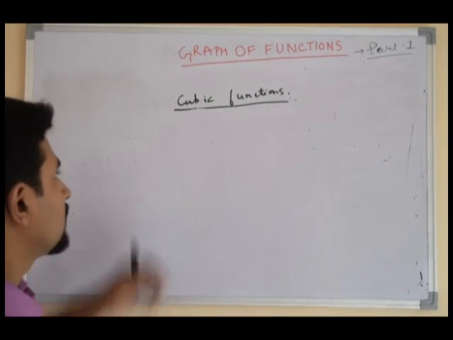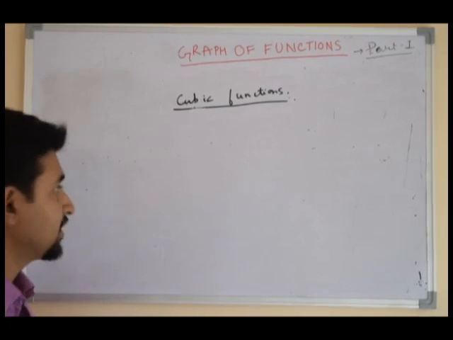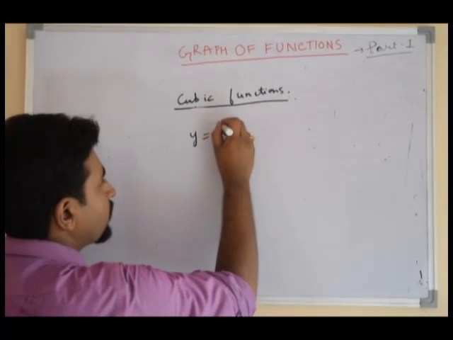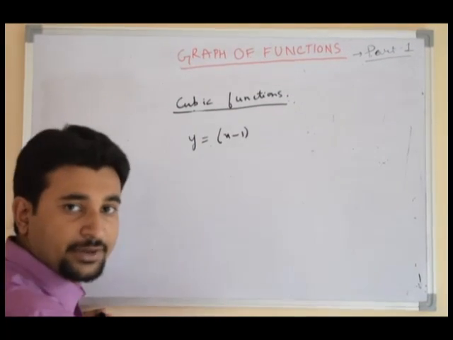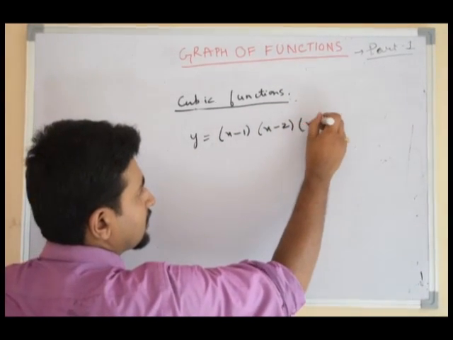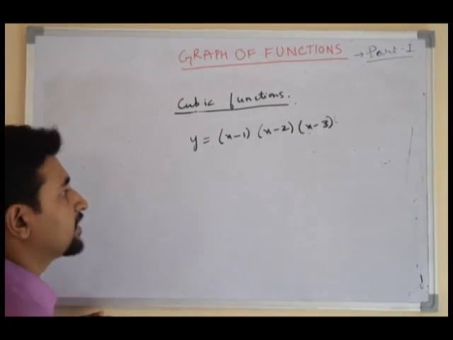Okay. Now suppose you are having an equation like this. You are having a function like this. Y is equal to x minus 1 into x minus 2 into x minus 3. Okay. So suppose you multiply the terms. What do you get?